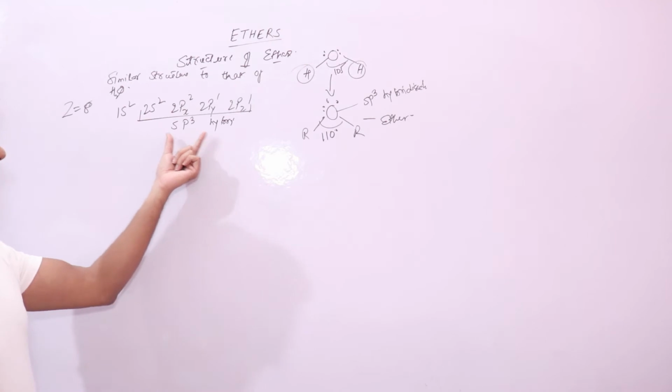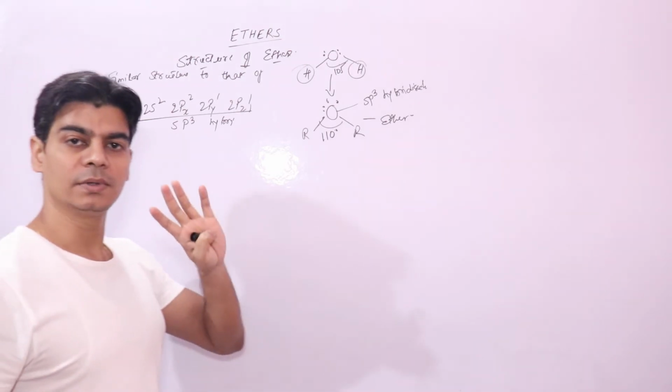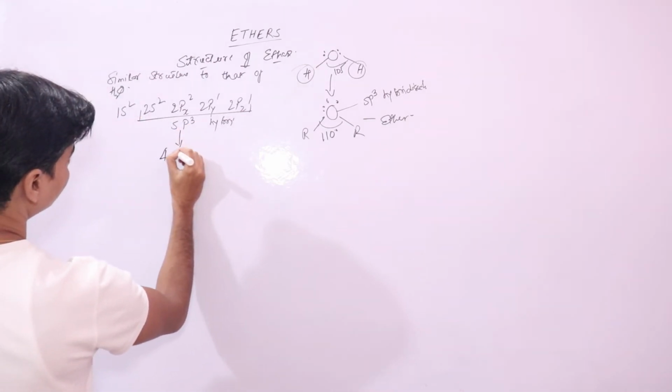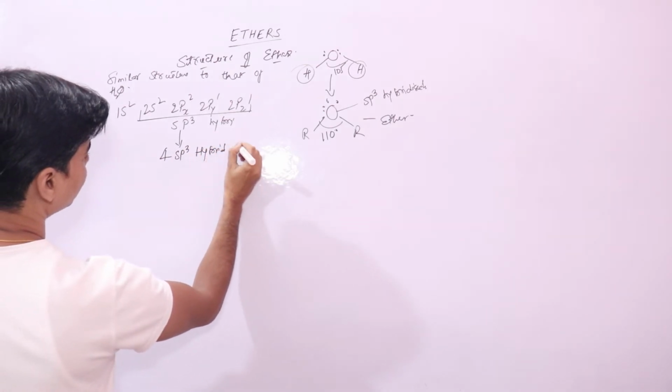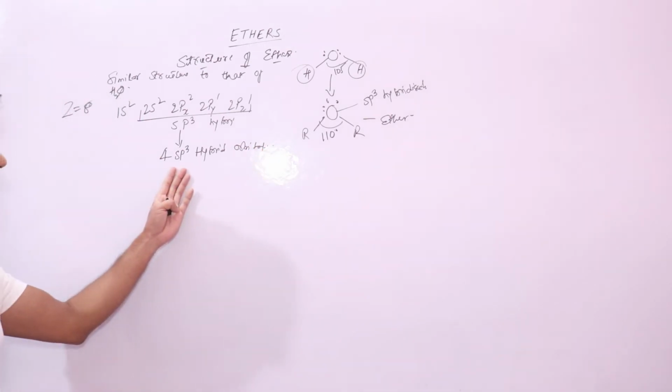When it undergoes sp3 hybridization, it forms 4 equivalent sp3 hybrid orbitals.